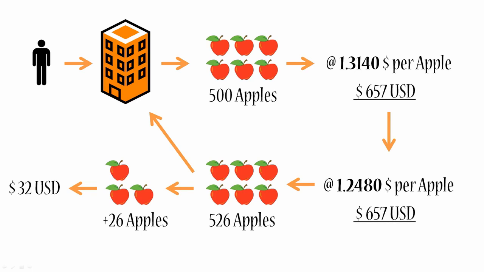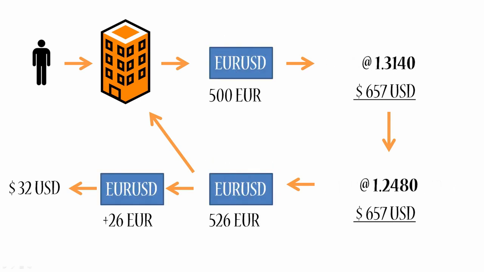Now, if we replace apples with euros as we did previously, you will see that nothing changes. This whole scheme works also for euros just as it did for apples. You go to a broker, you borrow 500 euros, you sell them at 1.3140 for 657 US dollars. You hold on to your 657 US dollars until the price for euros drops.